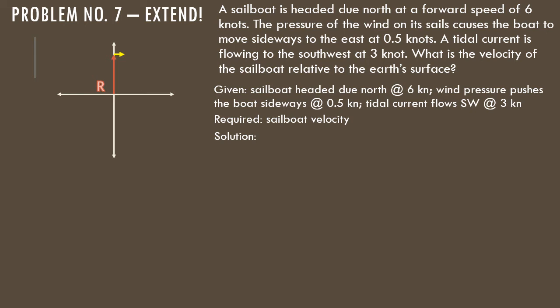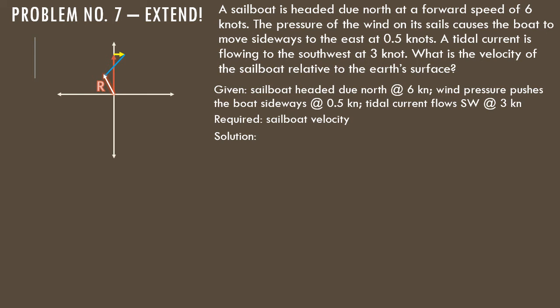So another factor is the tidal current. So yung tidal current daw ay nag-flow southwest at 3 knots. So ibig sabihin, factor siya para mag-move forward yung sailboat. So the required is the sailboat velocity. Given the factors, syempre maapektuhan yung velocity ng sailboat.